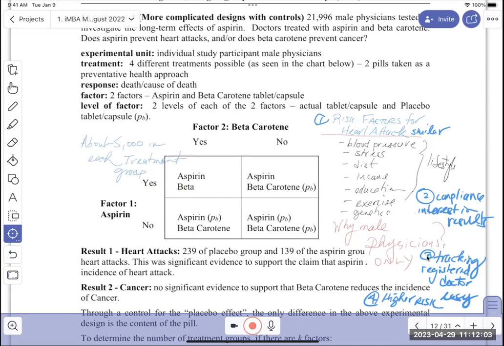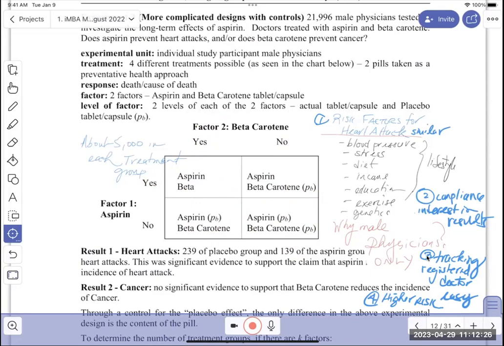And I'm going to talk about the randomization in a second. So this column were the participants who received the beta carotene, and this one didn't. So in these notes, I'm using the symbol for placebo. This group got both placebo, these got both the actual treatment.